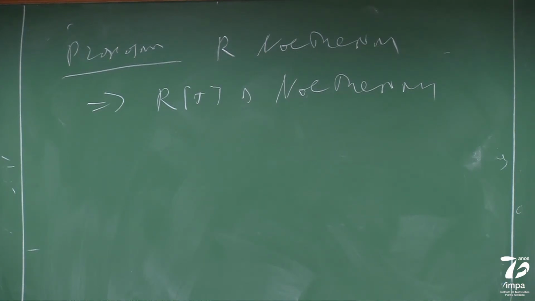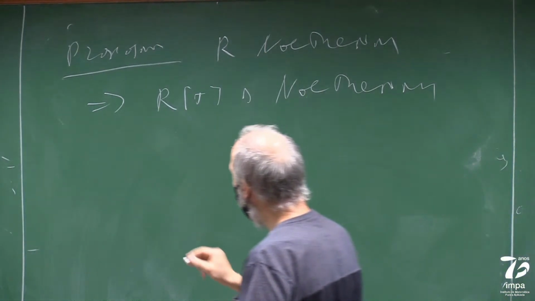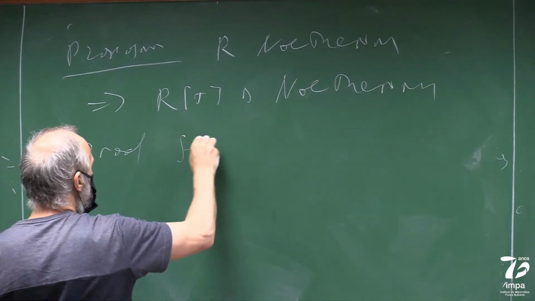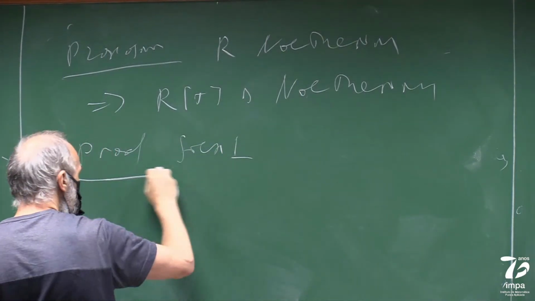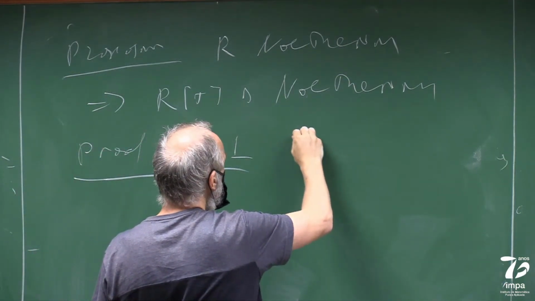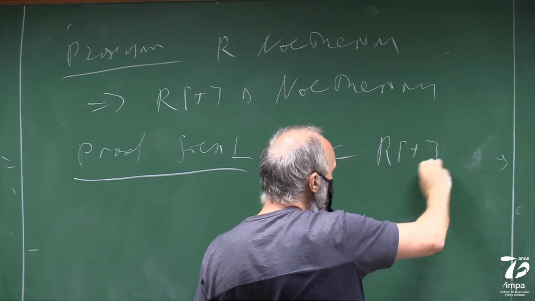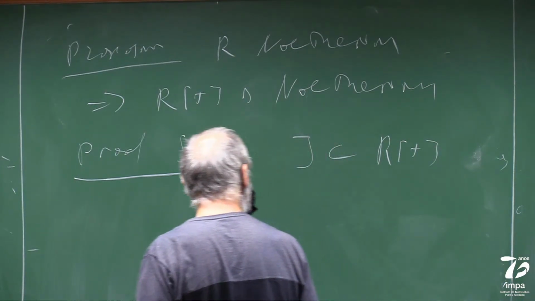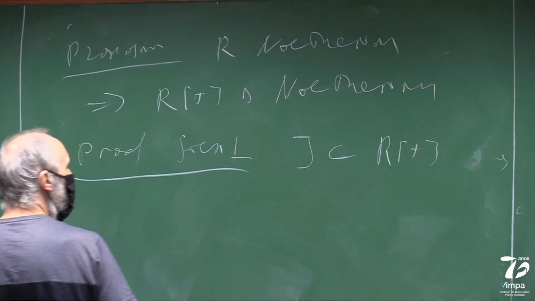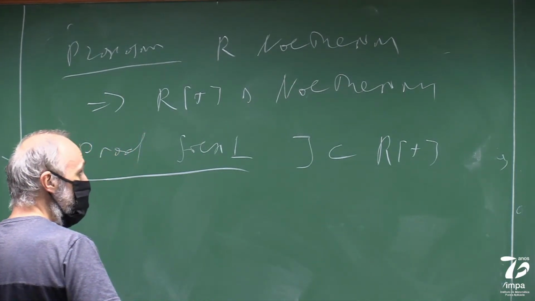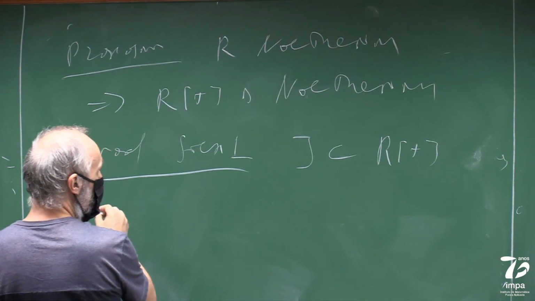Okay, so the first step: we take an ideal I inside R[t]. We need to prove that this ideal is finitely generated, because finitely generated ideals are the same as Noetherianity.